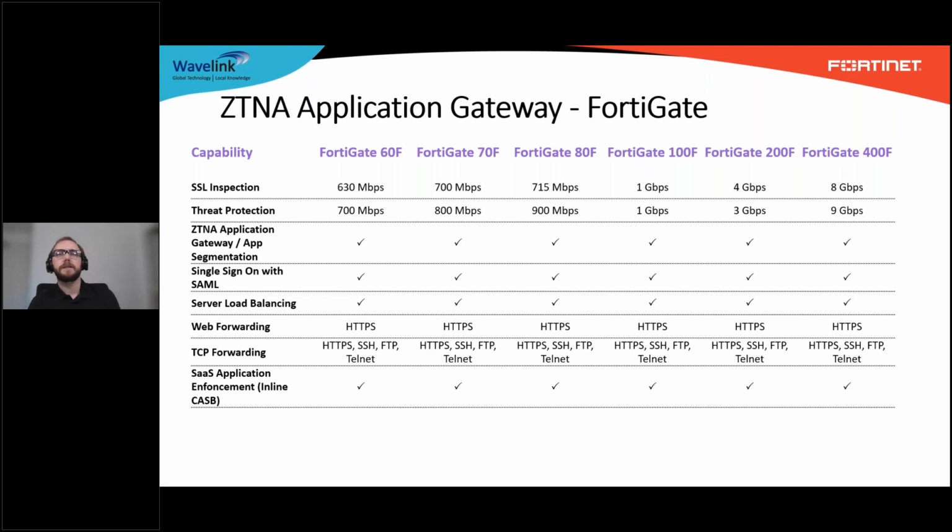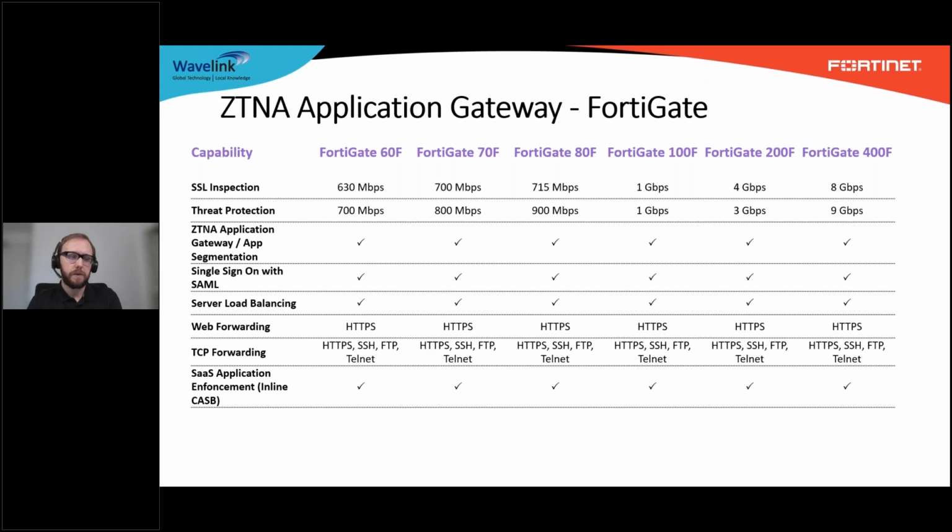But when it comes to licensing, we would recommend that customers look at getting the FortiGuard Enterprise Bundle license when they're purchasing a FortiGate for ZTNA to make sure that you can use the security functionality such as IPS, antivirus, file filtering, and those services that we saw when Brendon was presenting.